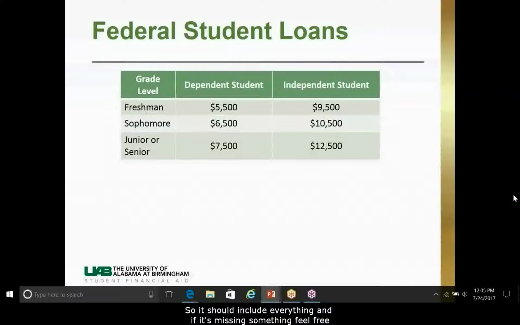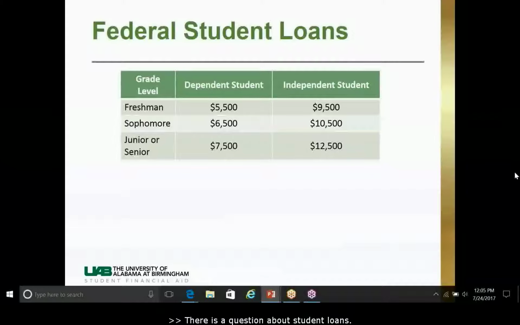So it should include everything. And if it's missing something, feel free to contact our office and we can look into it. But more than likely, I've seen some housing charges posted, and I've seen some that are still awaiting their housing charge to post. And it's probably just because housing is still making room assignments at this time.